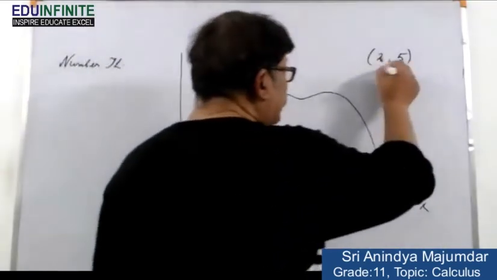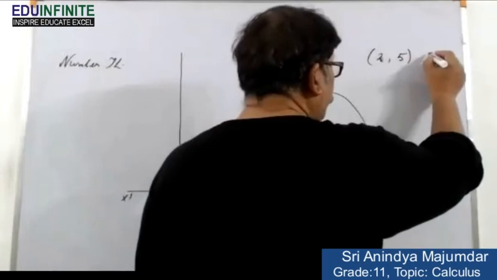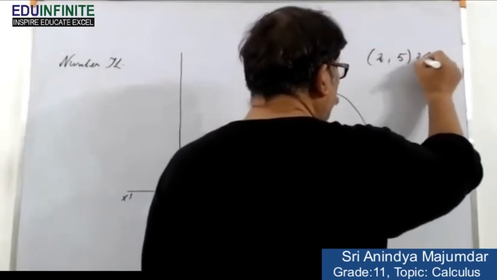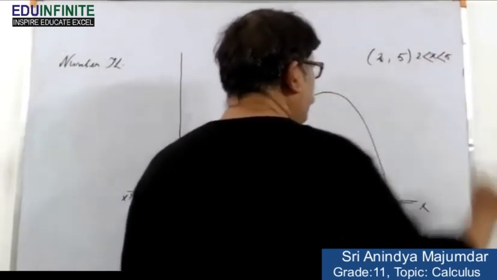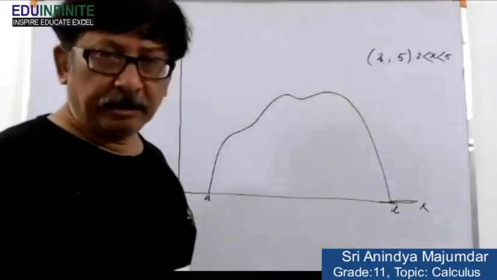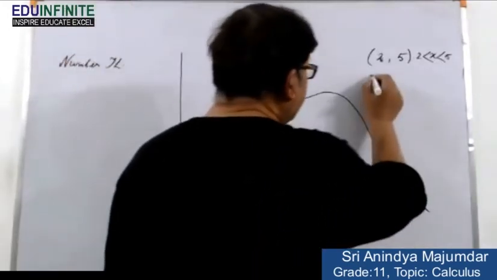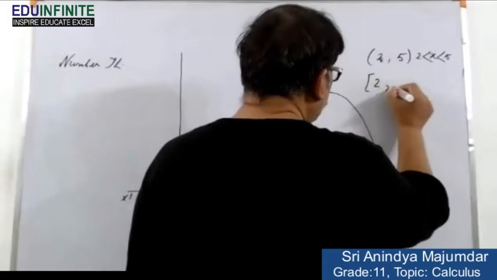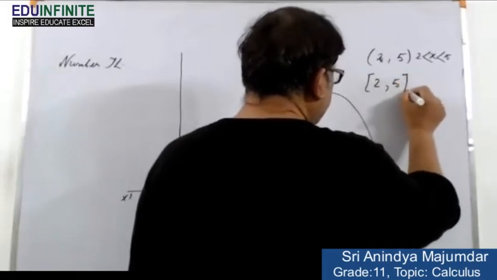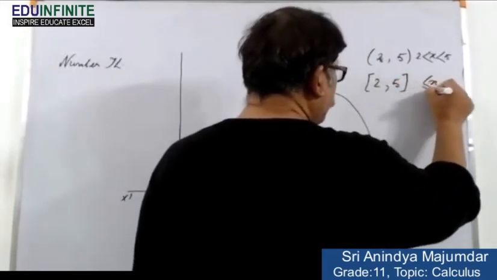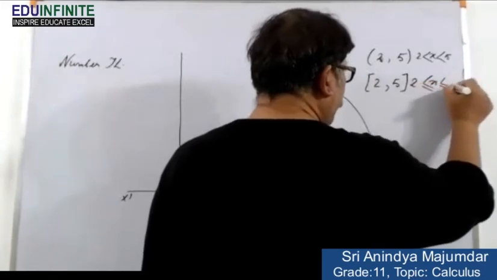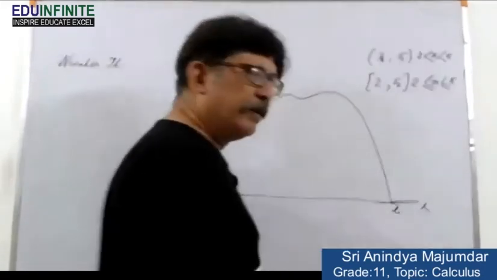That is, if x is any number in between, x is greater than 2 and x is less than 5, if we use the sign of inequality. Second is the closed interval, [2, 5]. That will include all the numbers between 2 and 5, including 2 and 5.